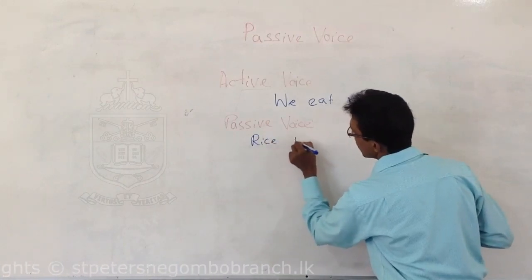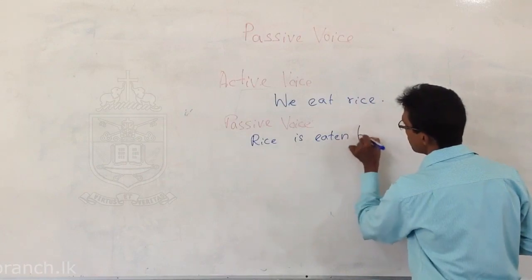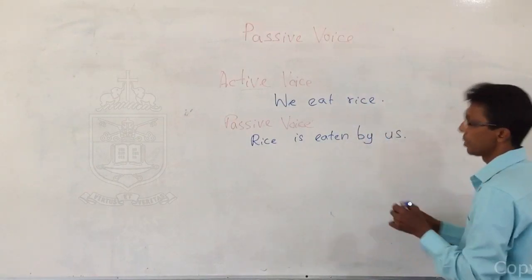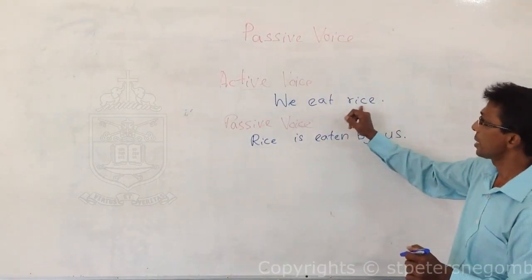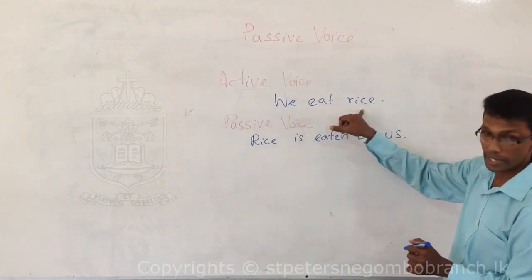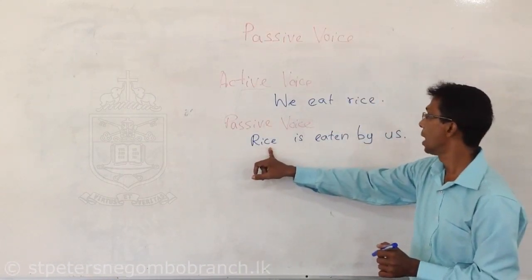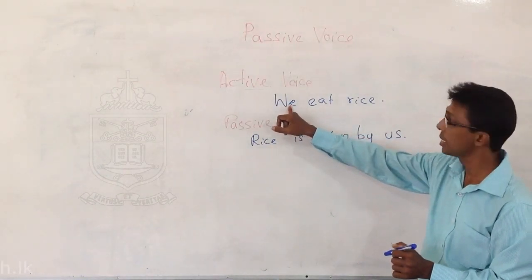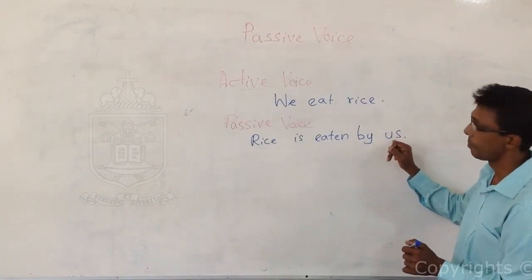Rice is eaten by us. Right? So this is what happens in passive voice. Rice, in the active voice it's the object. In the passive voice it becomes the subject. And we is the active voice subject, and it becomes object in the passive voice.